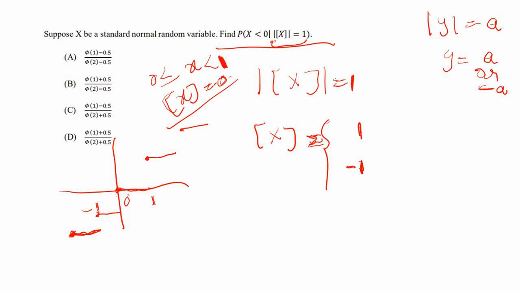So, what do you mean by greatest integer? It means if you have any real number, what is the greatest integer which is closest to that value, and it should be less than that, not greater. So if it is in between 0 and 1, then the greatest integer of x will be 0.